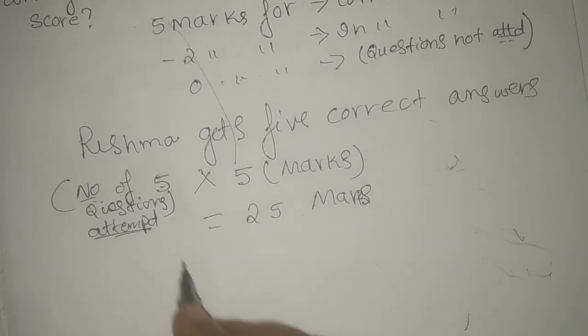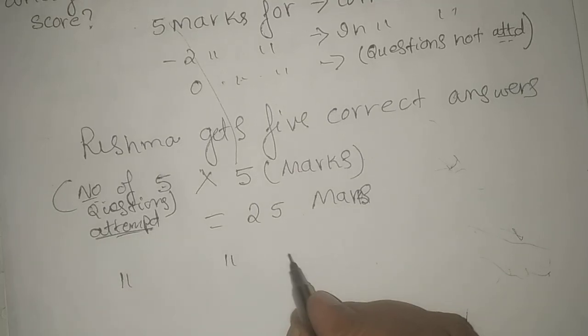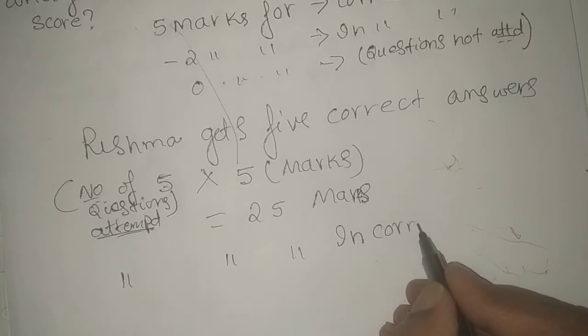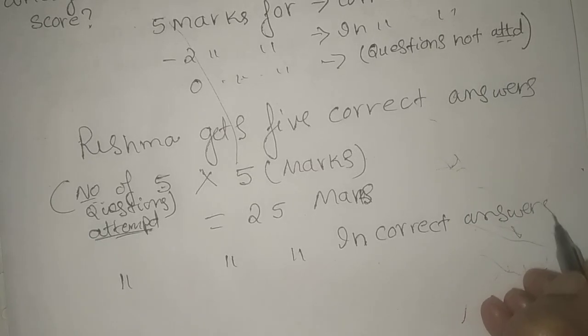So now next, Reshma gets 5 incorrect answers. So 5 questions are incorrect.